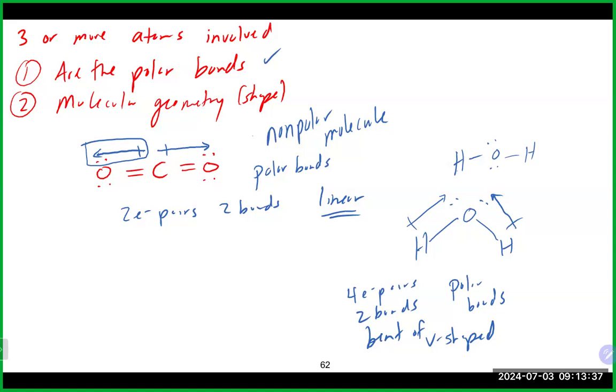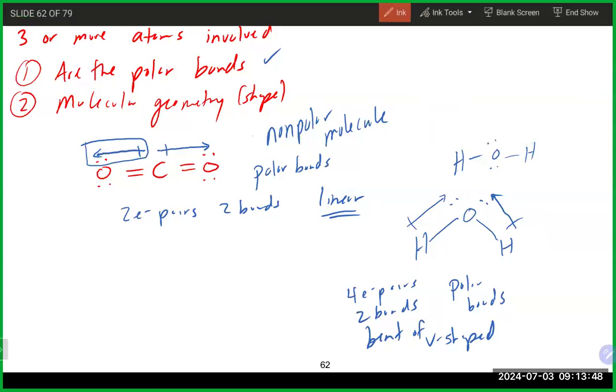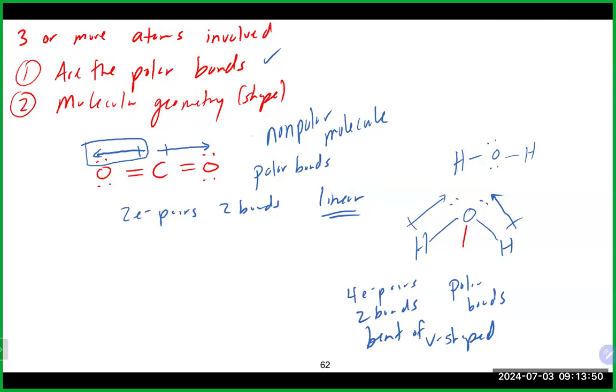If you just pulled from the top, the whole thing would move together. And that will create a polar or dipole moment heading in this direction, where the oxygen is going to be more negative and the hydrogen side of water is going to be more positive.